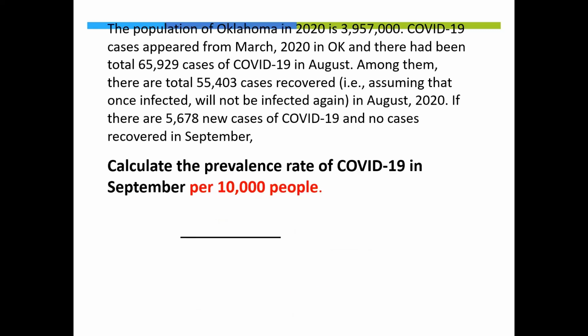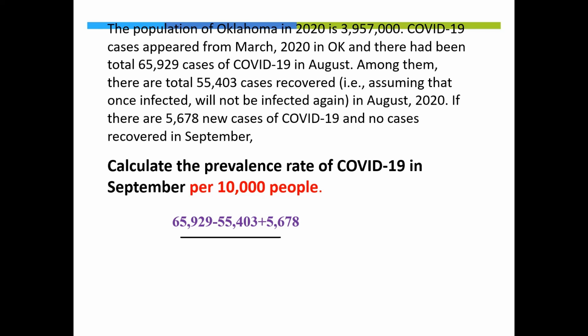Next question. Prevalence rate of COVID-19 in September, same thing. We need to figure out the pre-existing case, older case in September. How many new cases? 5,000. And then pre-existing cases, how many? 65. And then 65 minus 55 plus 5,678. Why do we subtract this?